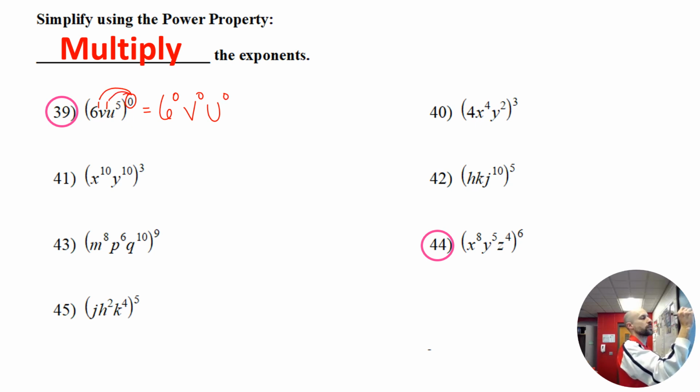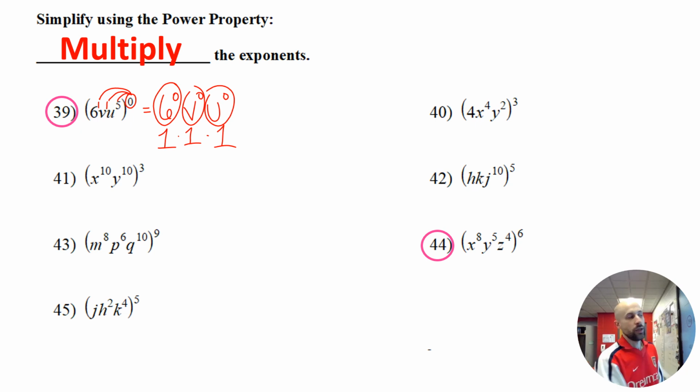So each of those exponents gets multiplied by 0, and then anything raised to the power of 0, which I have 6 to the power of 0, that's just 1. v to the power of 0, that's just 1. u to the power of 0, that's just 1. 1 times 1 times 1, you guessed it, is 1.